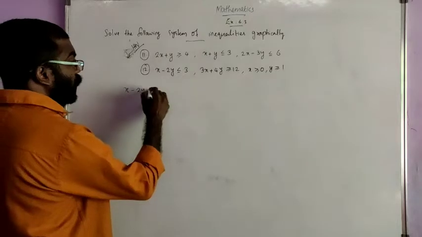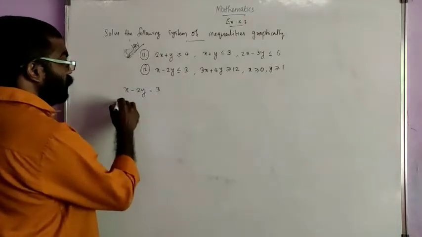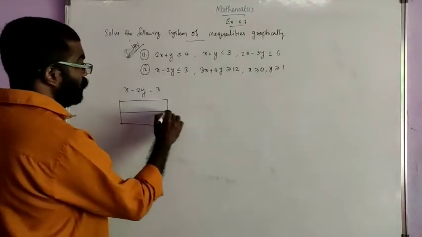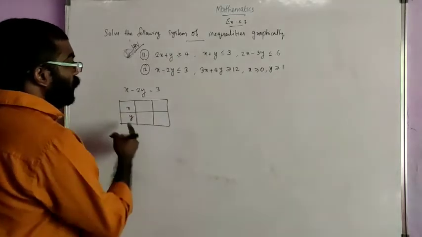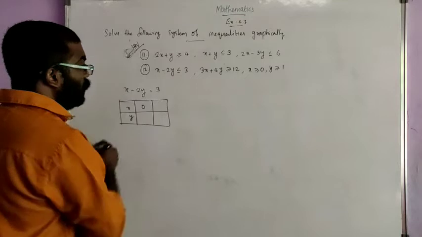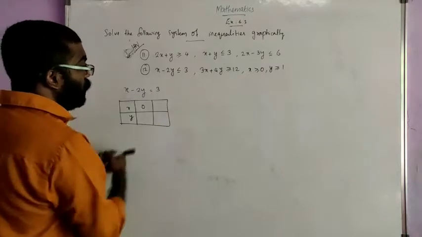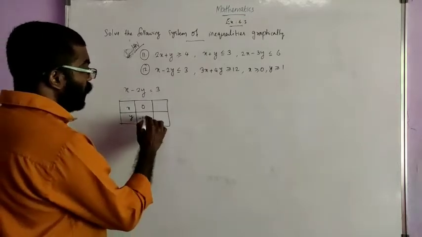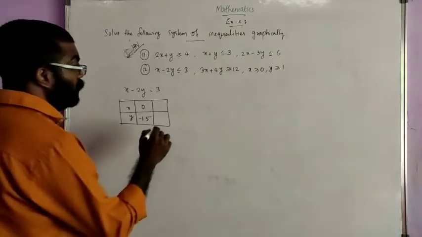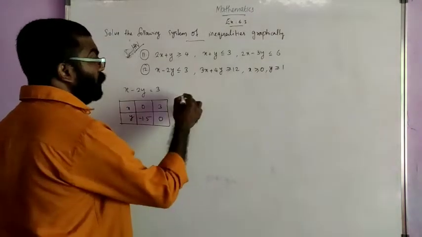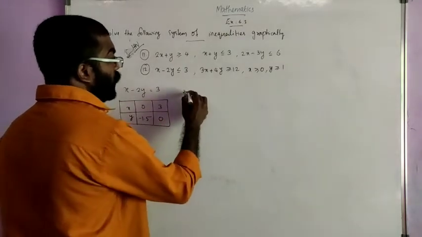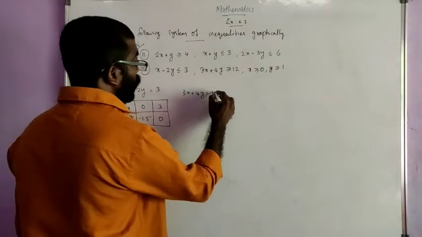X minus 2y is equal to 3. X and y, and when x is equal to 0, y is equal to 3 by minus 2, that is minus 1.5, right? And when y equal to 0, x equal to 3. Second one, 3x plus 4y is equal to 12.